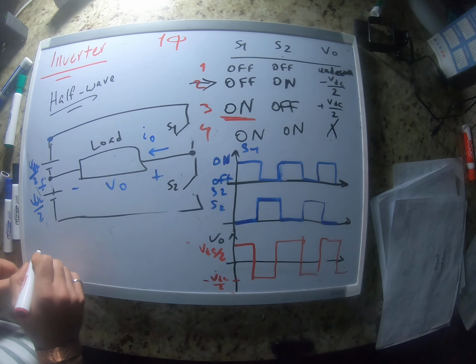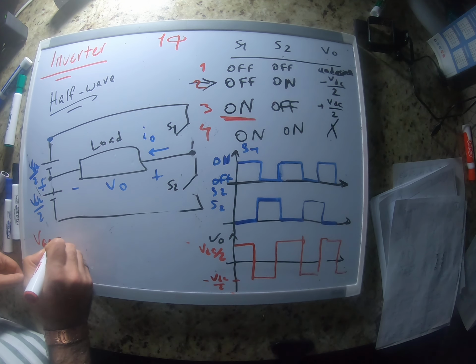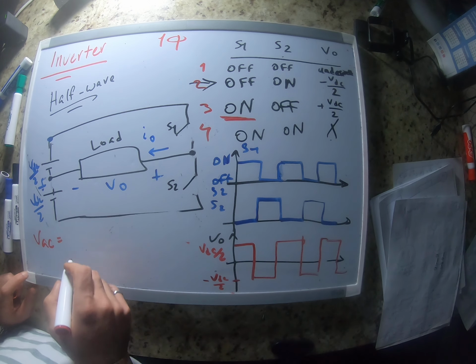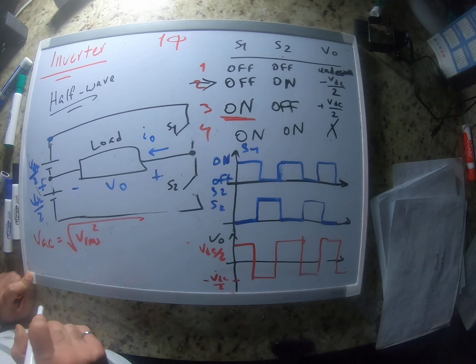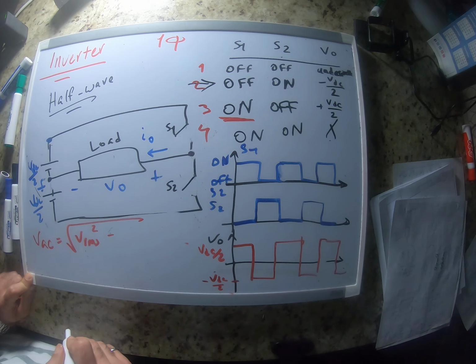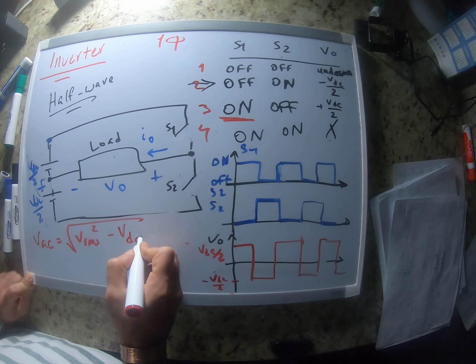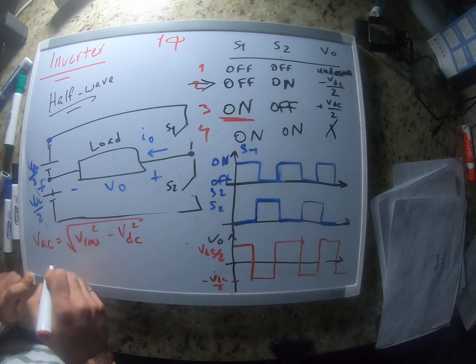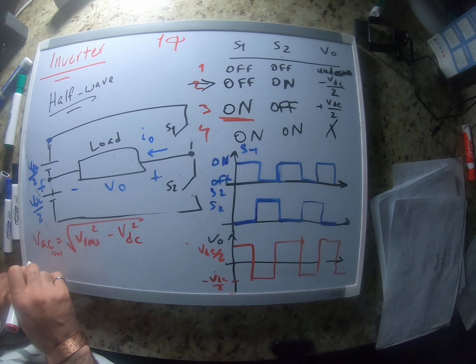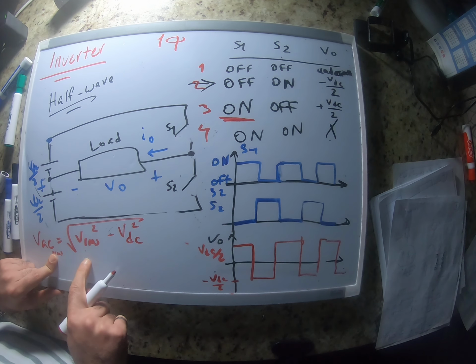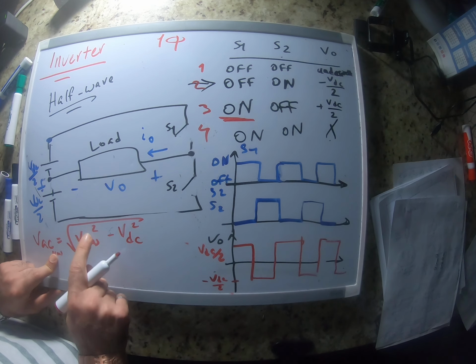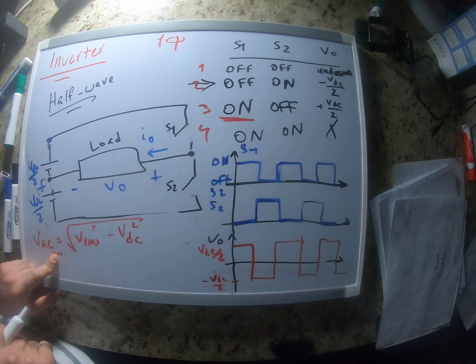And then can we calculate the AC value of this signal? Yeah, it's going to be V RMS squared minus what? V DC squared, right? So this is the RMS value of the AC. V sub AC is going to be the square root of V sub RMS squared minus V sub DC squared, right?